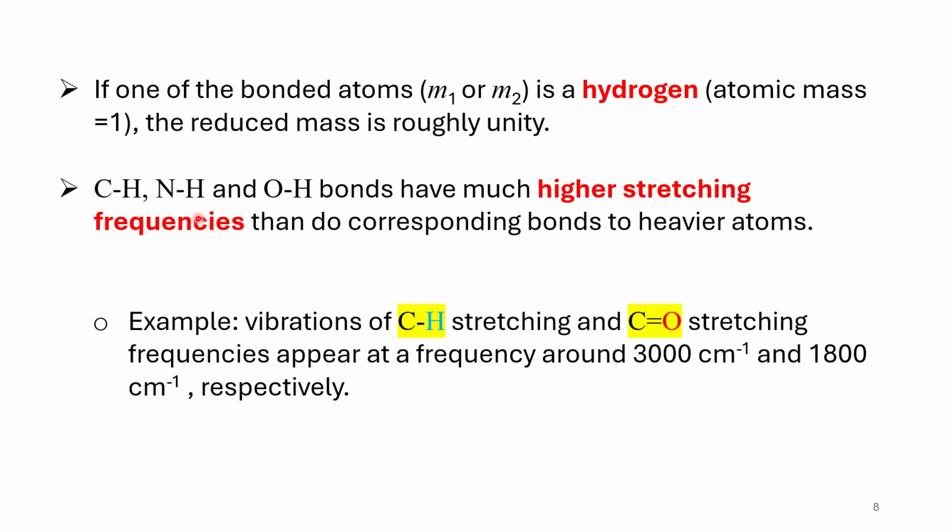So molecules with CH, NH, and OH bonds will have a much higher vibrational stretching frequency than those corresponding bonds to heavier atoms, such as the bond between C and O. The vibrational frequency for CH will be much higher compared to CO.